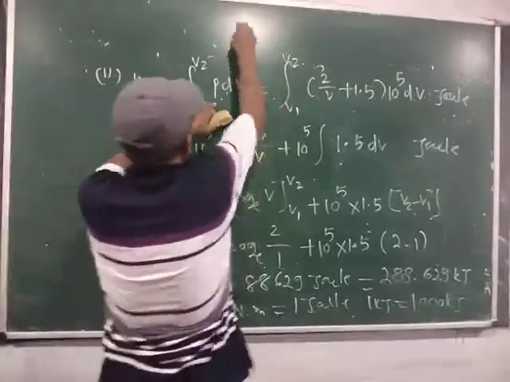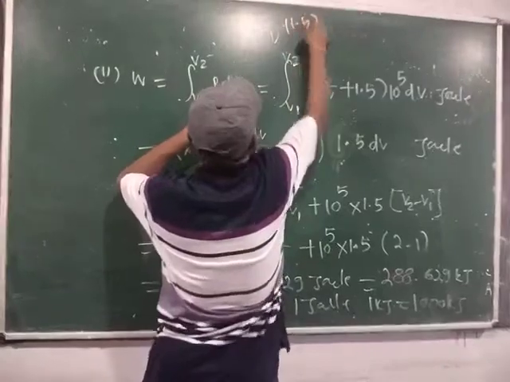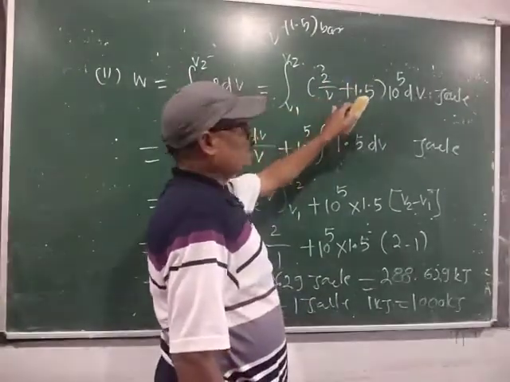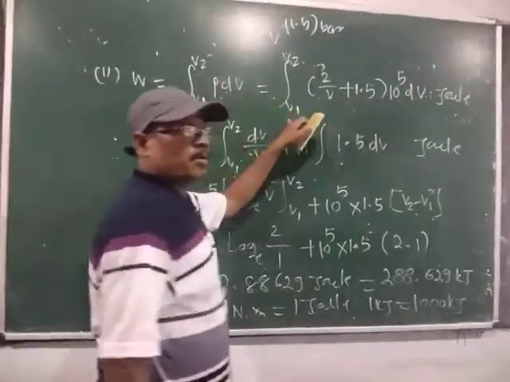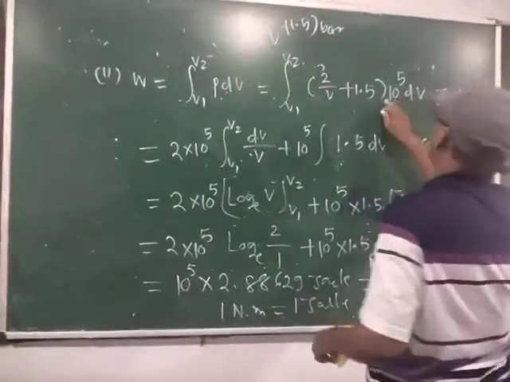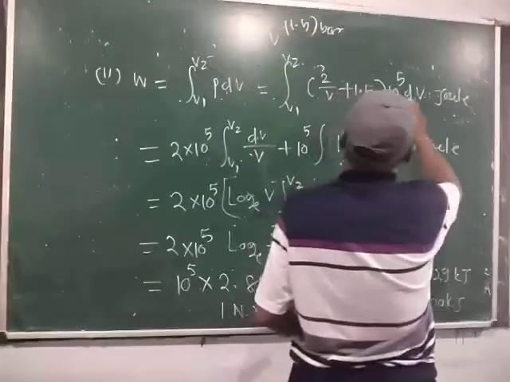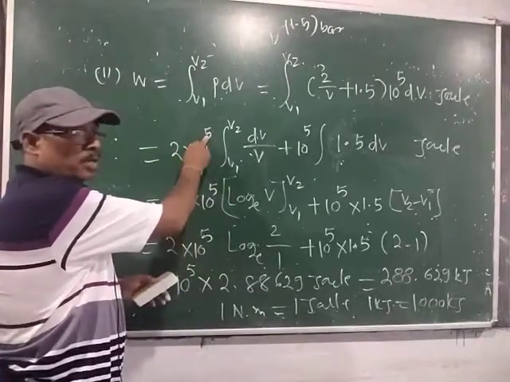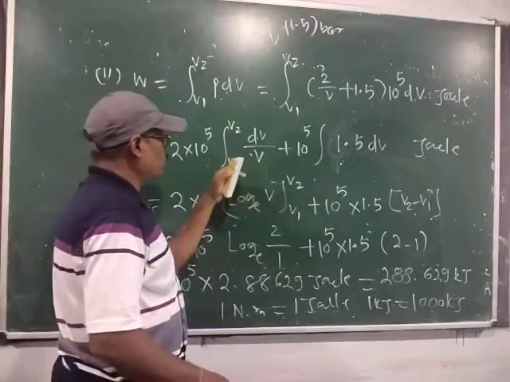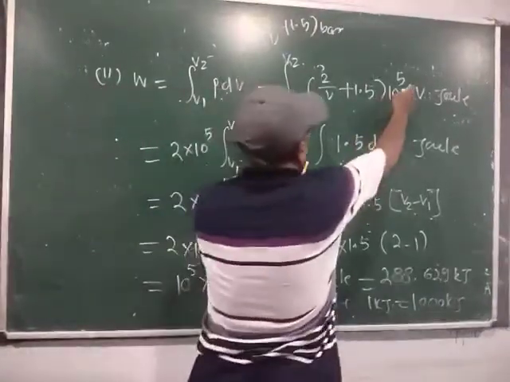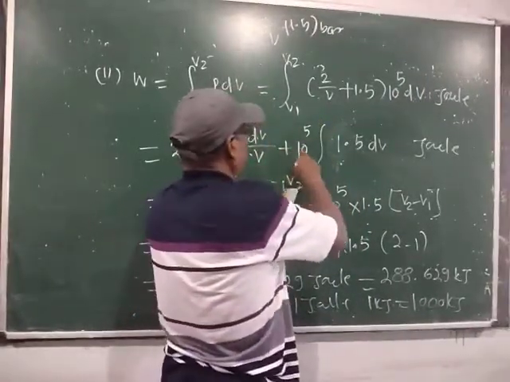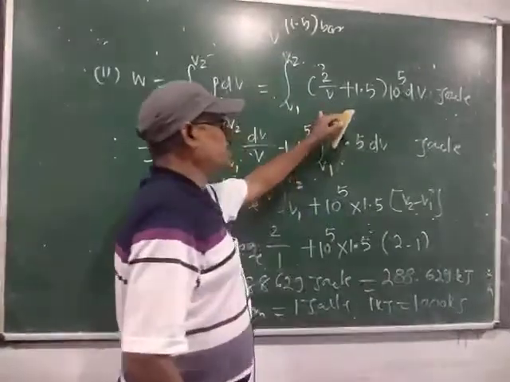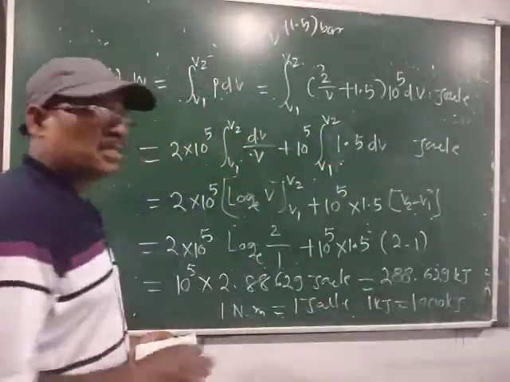Since P is equal to 2 by V plus 1.5 bar, we can write it as the integral of 2 by V plus 1.5 with the limit V1 to V2, into 10 to the power 5, into dV joules, is equal to 2 into 10 to the power 5 times the integral of dV by V with the limit V1 to V2, plus 10 to the power 5 common, then 1.5 into dV with the limit V1 to V2, in joule, because the unit of work is joule.